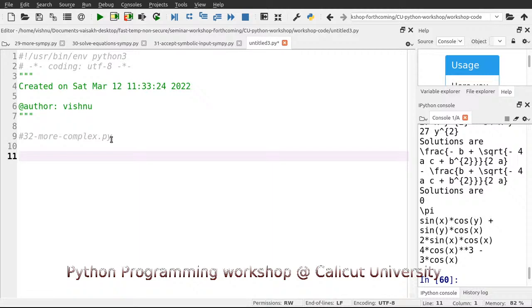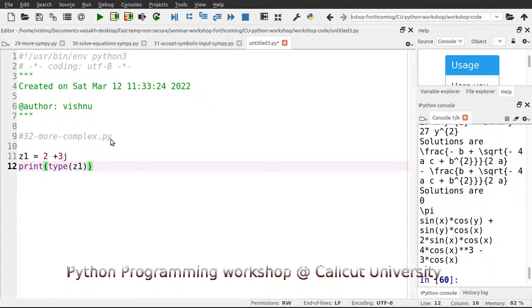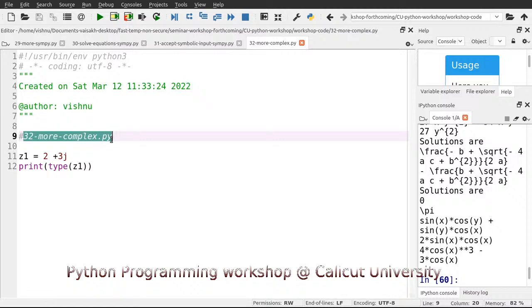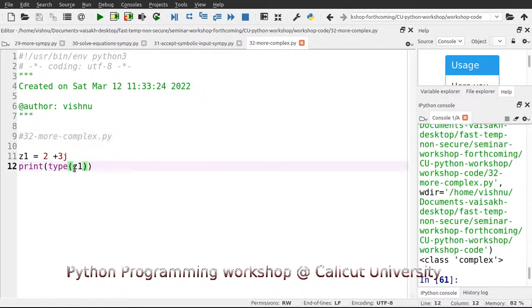Anyway, the complex number is defined like this: z1 equal to 2 plus 3j, and I think print type of z1. So this is complex number class.